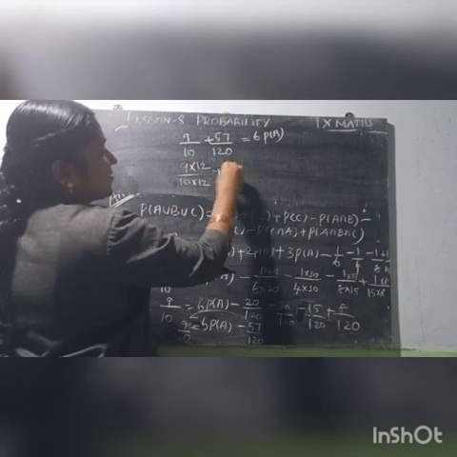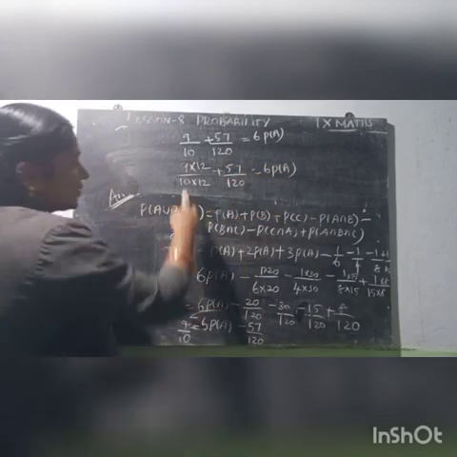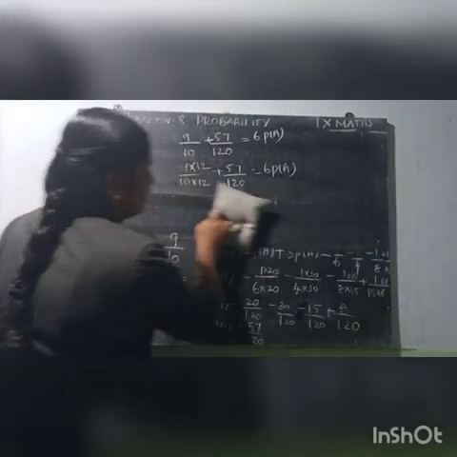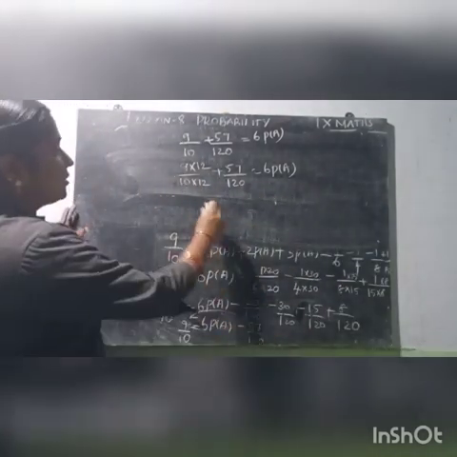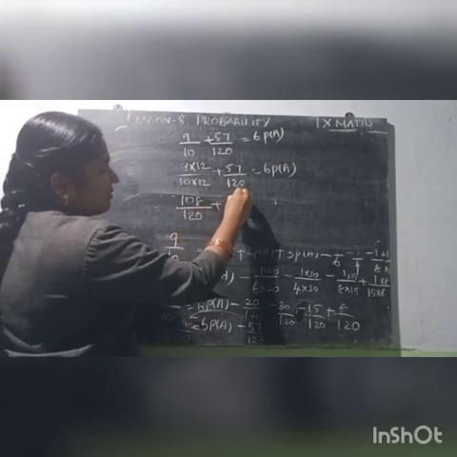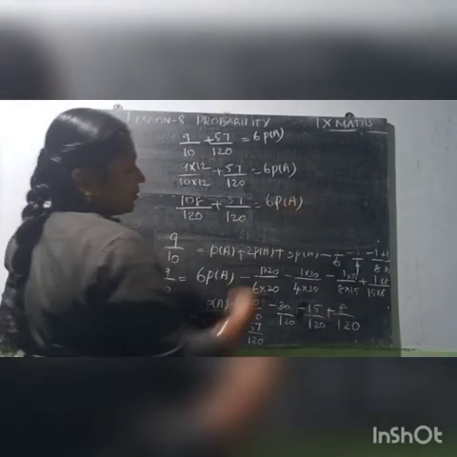So 9 into 12, 108, 108 by 10 into 12, 120. Plus 57 by 120 equal to 6 P of A.